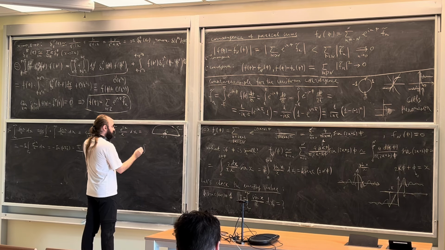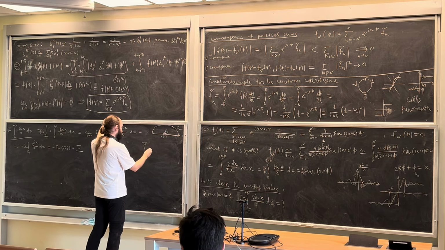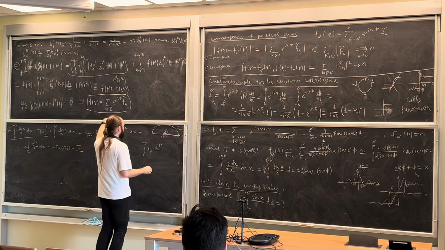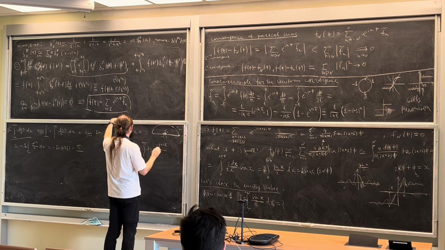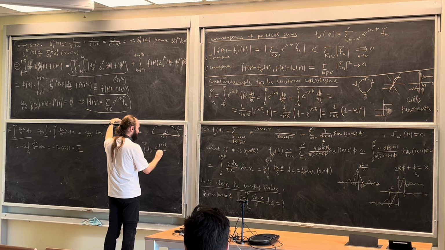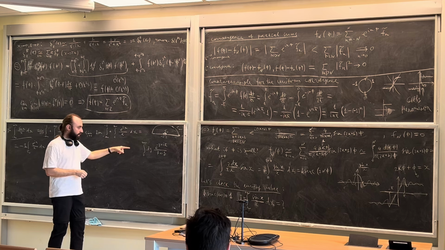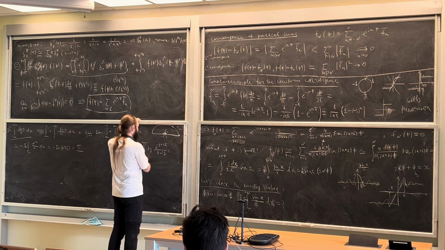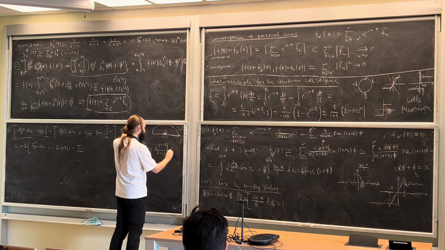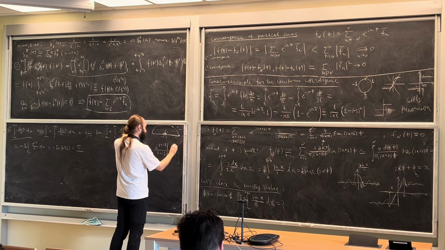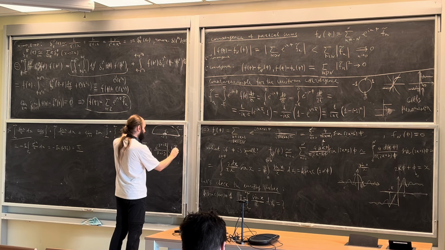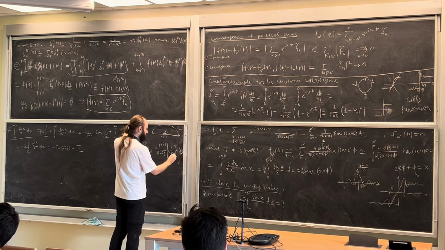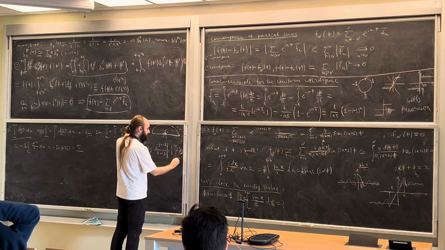In a sense, we are evaluating something like the integral from 0 to infinity of i dy, e to the minus y plus i r, over r plus i y. The absolute value of this integral can be estimated by 1 over r times the integral from 0 to infinity of e to the minus y dy, which is 1.